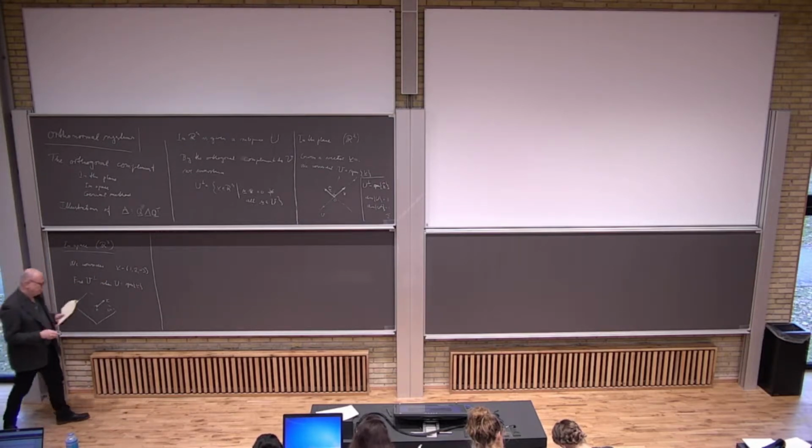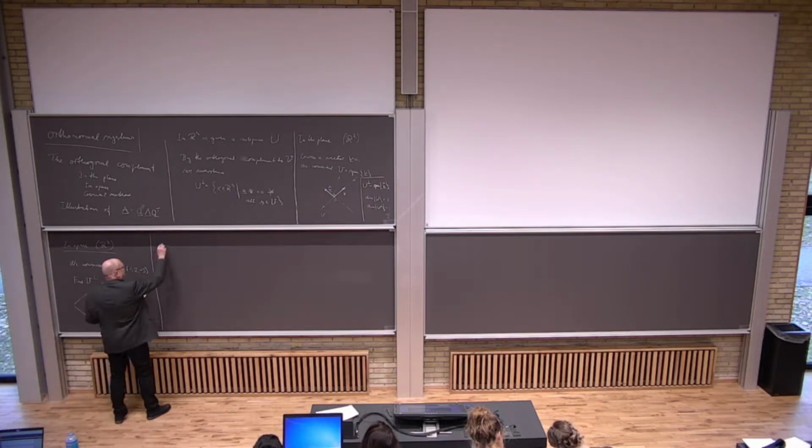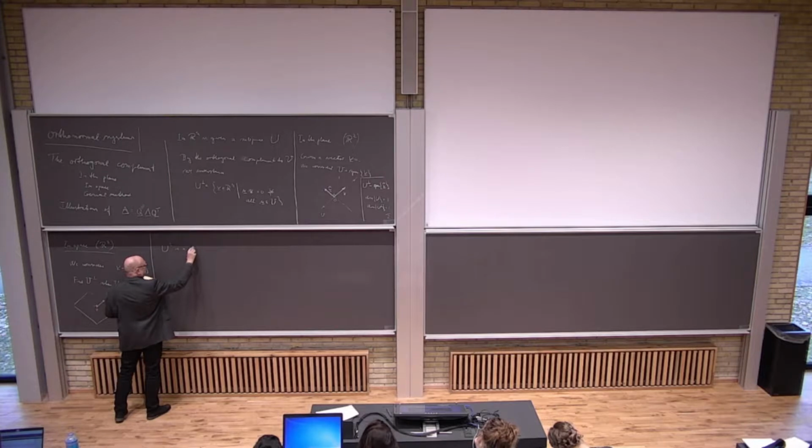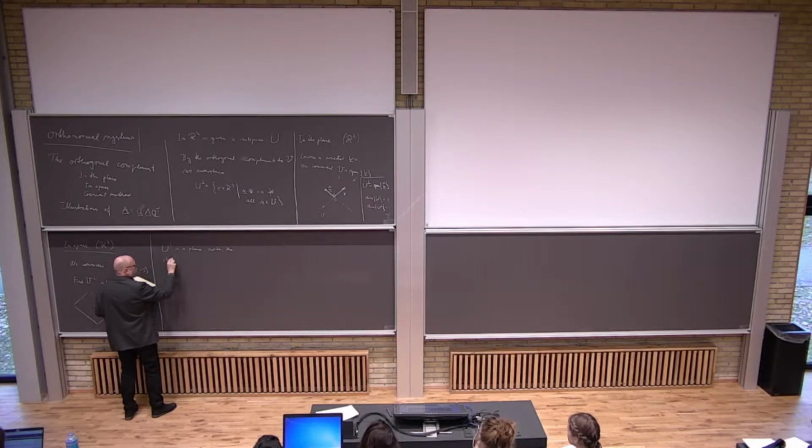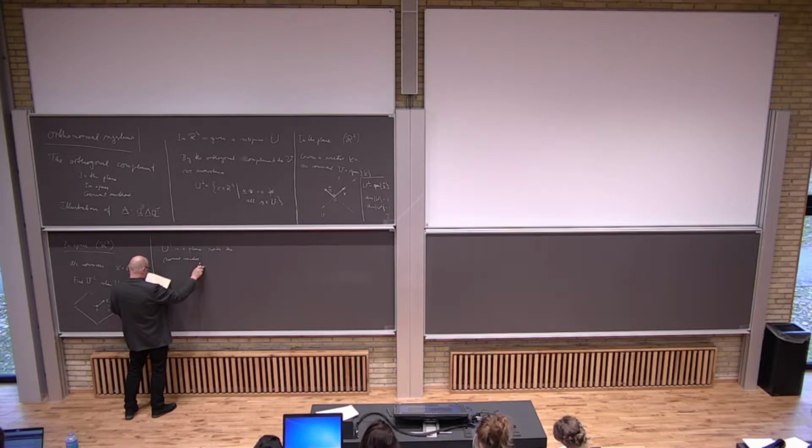And that is, if you have a, well, I'll just write down, a plane with the normal vector. It's a normal vector V.